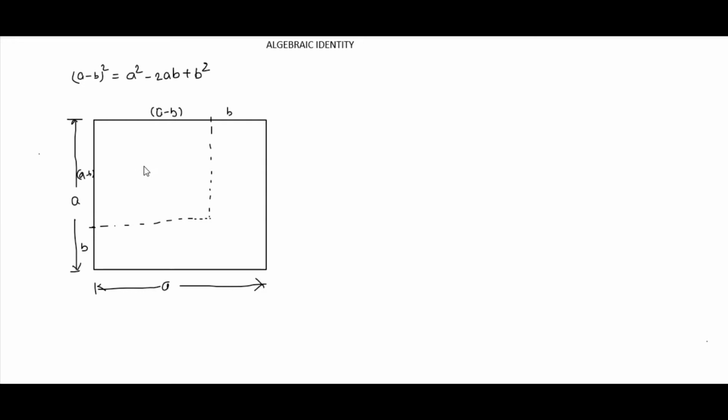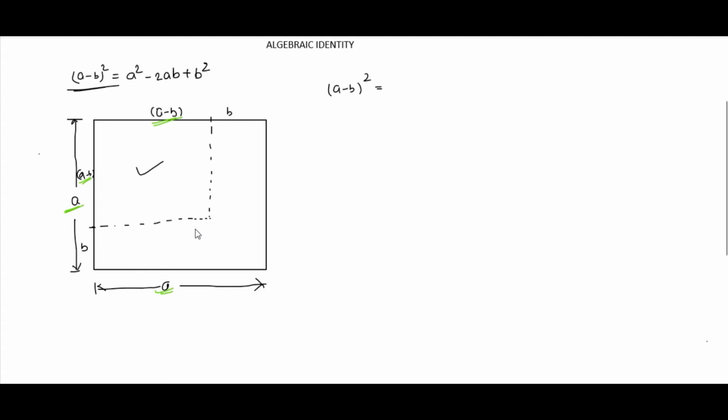So we can tell from the diagram the area of this small square is (a minus b) whole square, which is what we have to find out. Now we can see from the diagram we have two squares, one bigger square which has side a and one small square having sides a minus b.